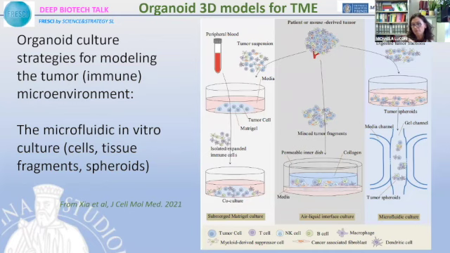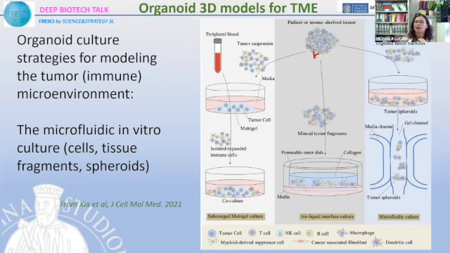And a further step in this type of 3D cell culture technology, to better reproduce the tumor microenvironment interaction, is to move from the static condition of putting the cells or the tumor fragment in the matrix in the wells and studying the effects of drugs or interaction with other cells, to applying to this system a microfluidic system, which better resembles the vascularization condition of the tumor mass.